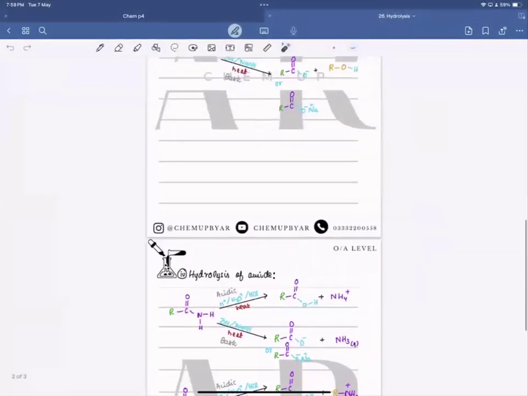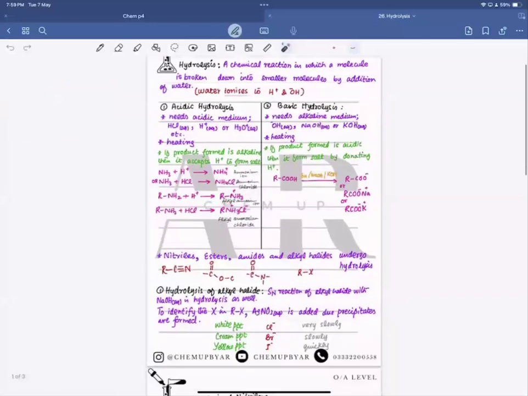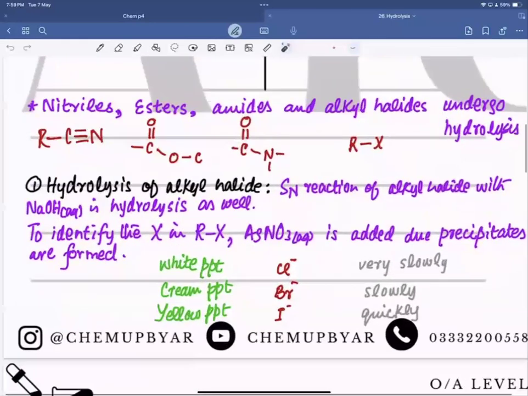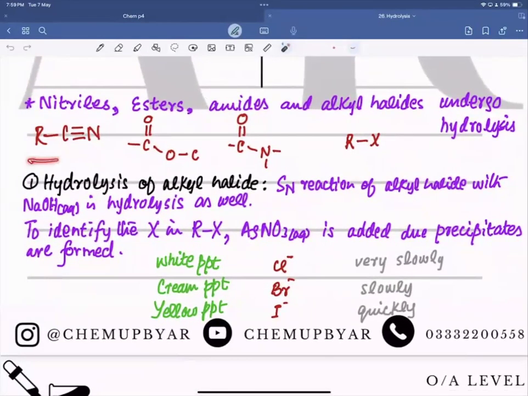So basically, in hydrolysis, these are the compounds which undergo hydrolysis: nitriles, esters, amides, and alkyl halides. Okay. And in all of these, this bond has been broken. Is this understandable to all of you?